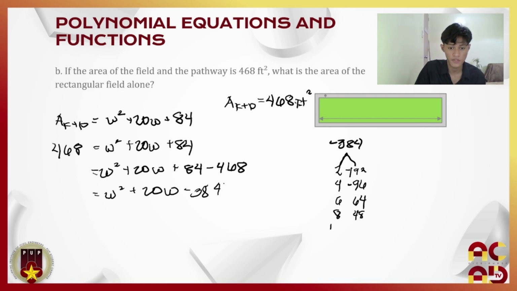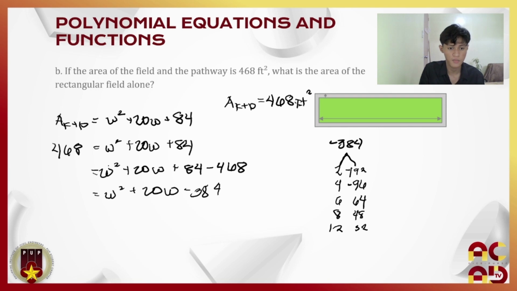And then 12, try natin. 384 divided by 12, we have 32. Yan.